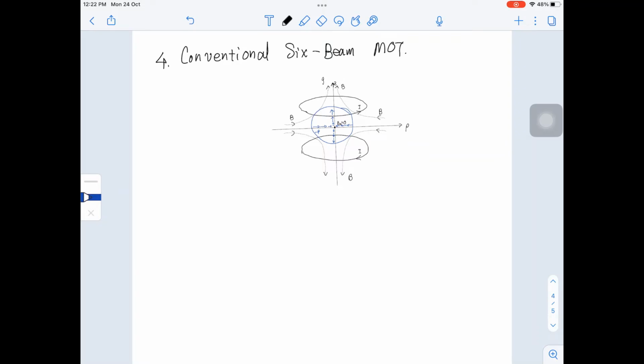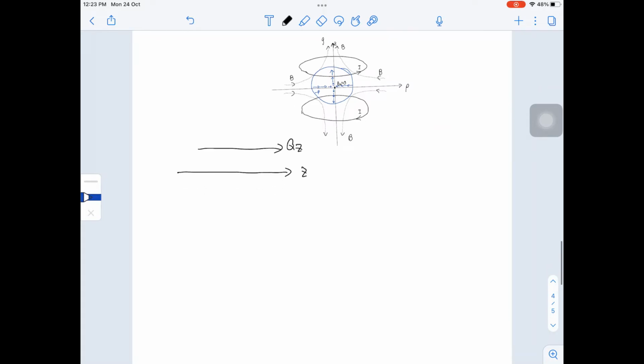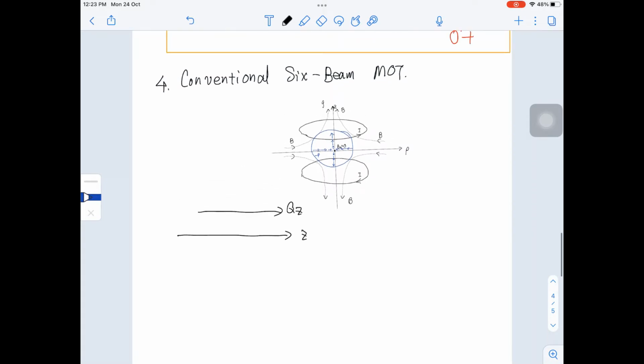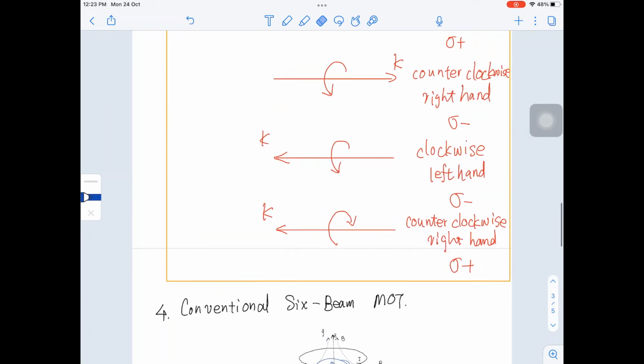We already know that along the z-axis, the quantization axis is in this way, and the B field, let me copy this here as well.